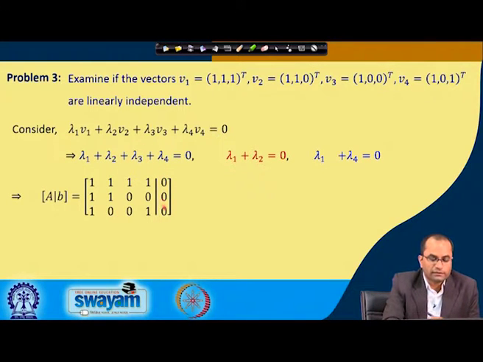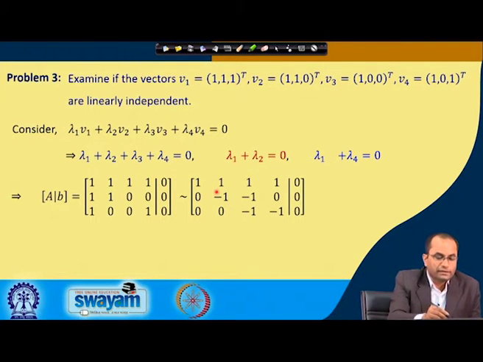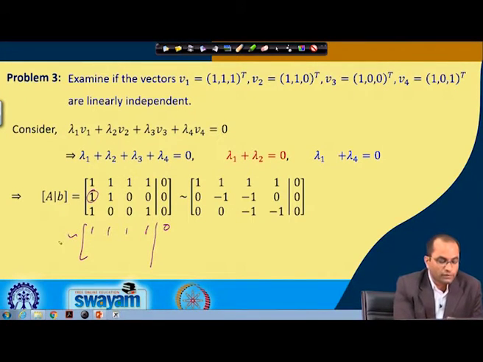The right hand side is the 0 vector which we have kept here, and then we can reduce it to the echelon form, which is very simple in this case, because the first row will remain as it is. In the second row, our aim is to make this 0. So, we will subtract row 1: R 2 becomes R 2 minus R 1.